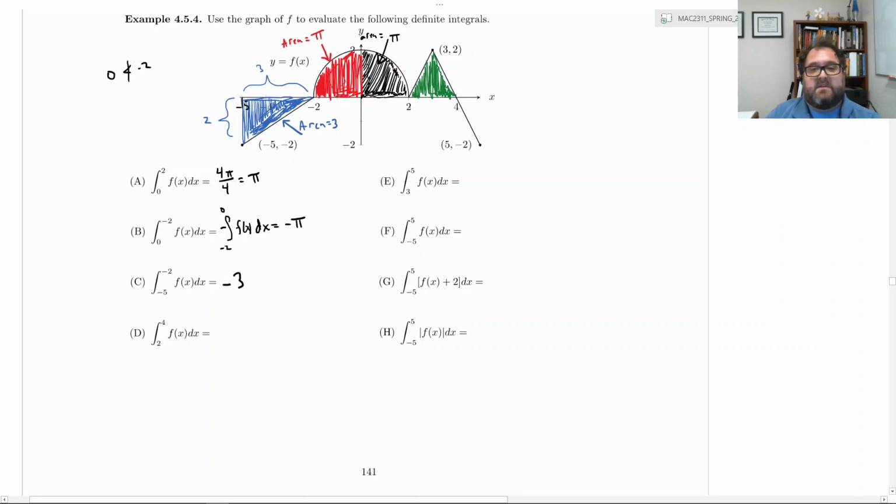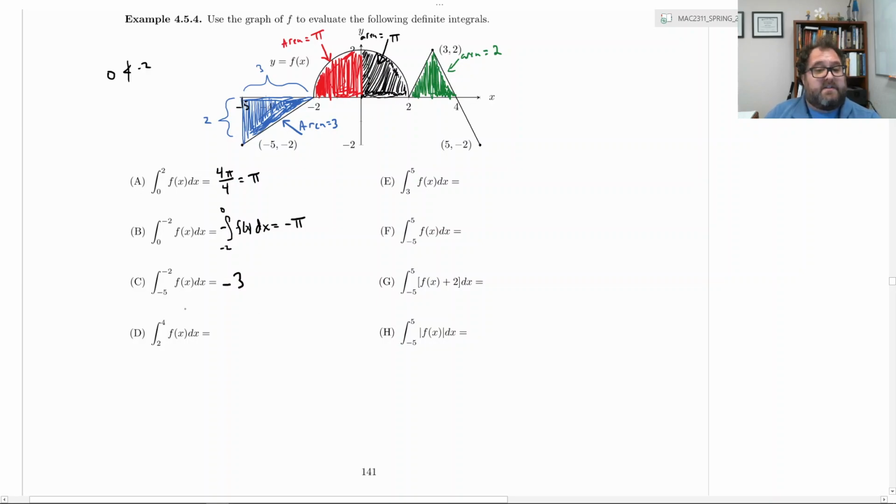The base is 2 to 4, so that's 2. And the height is also 2. If the base is 2 and the height is 2, well, you have 2 times 2 divided by 2. So I guess you have an area of 2. Since 4 minus 2 is the base, 2, height is this y value 2, yeah, so the area is 2.